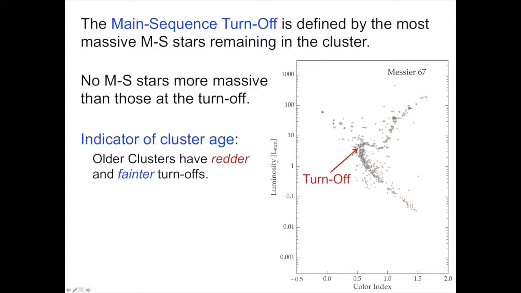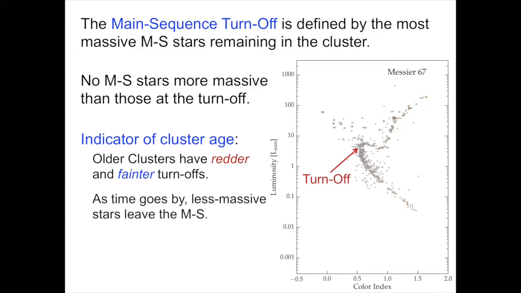Older clusters will have lost all of their high-mass stars, and as a consequence, only low-mass stars will be on their main sequence. And remember, as you go to lower and lower mass stars along the main sequence, those stars become fainter and redder. As a consequence, an older cluster will have redder and fainter turnoffs.